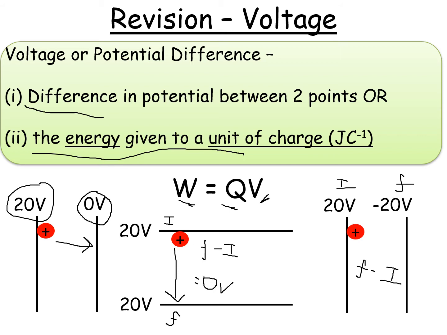So it would be minus 20 minus 20. So the potential difference here is actually minus 40 volts. So notice how a wee negative sign here can change what happens compared to previously.